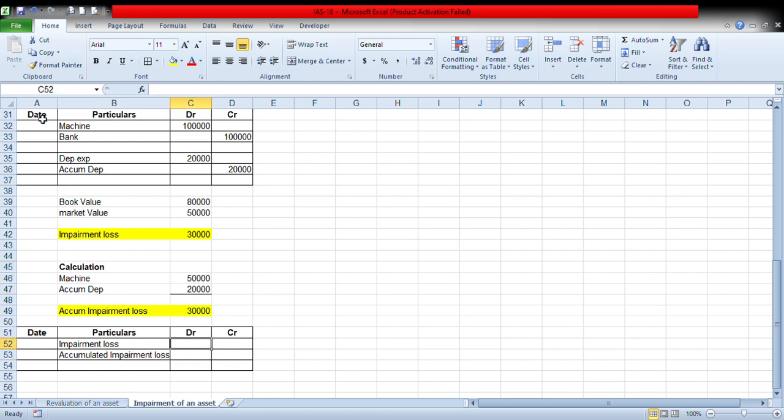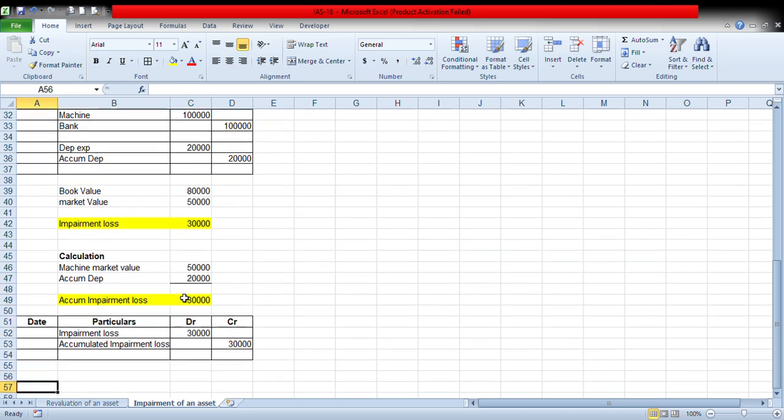So instead of crediting machine, we are just crediting the normal case, which is accumulated impairment loss, just like depreciation expense. So 30,000. Machine fair value, market value. So accumulated depreciation 20,000, because we need to take the previous depreciation.